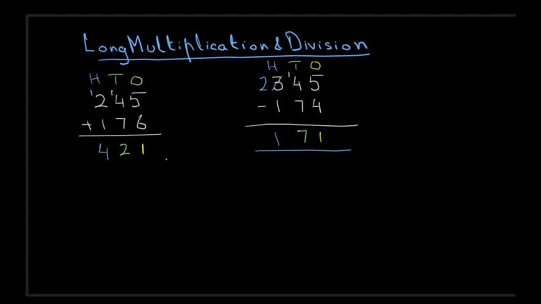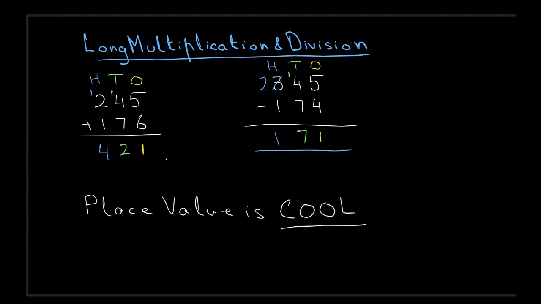This is the long addition algorithm, and this is the long subtraction algorithm on the right. Then we're going to talk about the long multiplication and long division algorithms. These 4 algorithms are really the heart of why place value is cool, because they make computation extremely efficient.